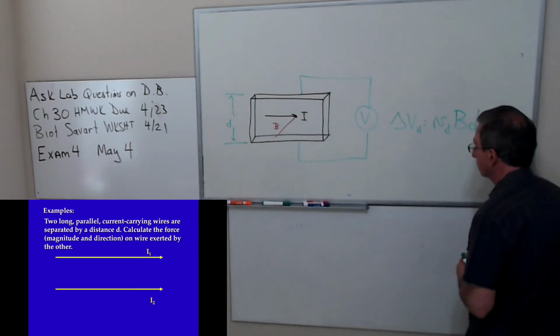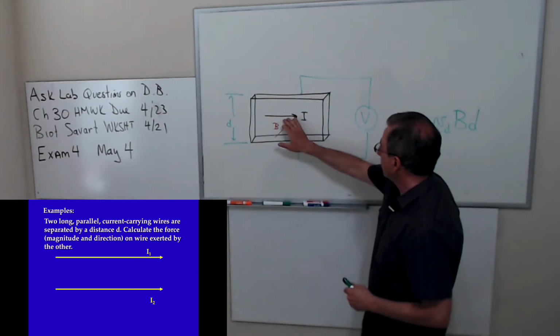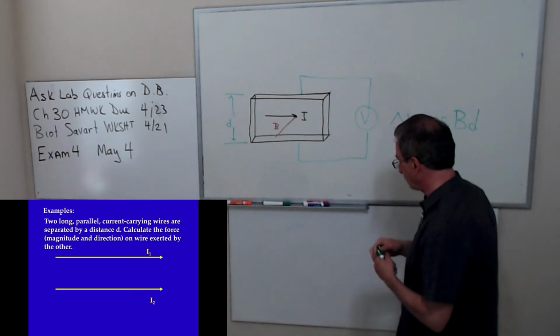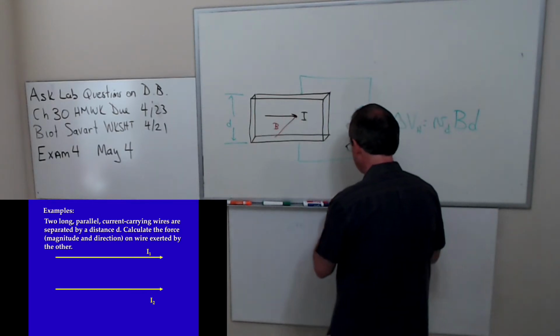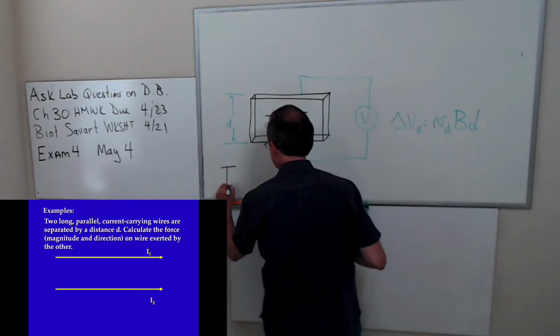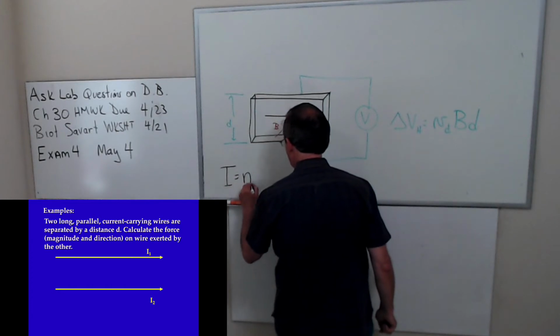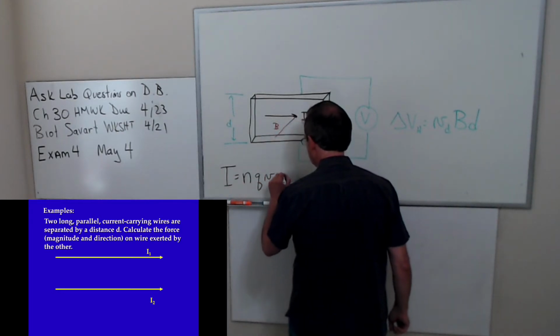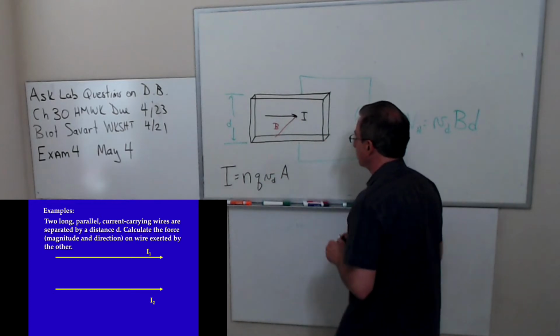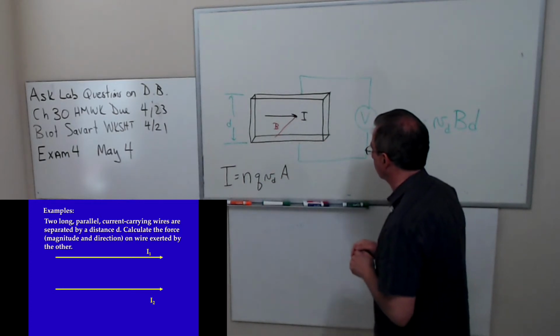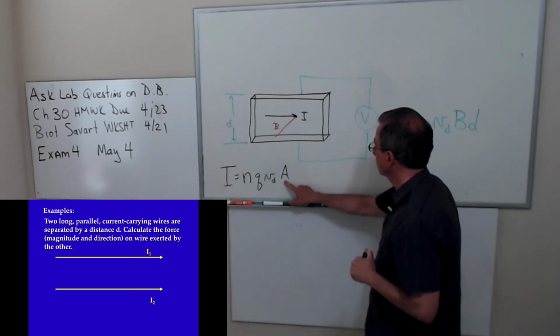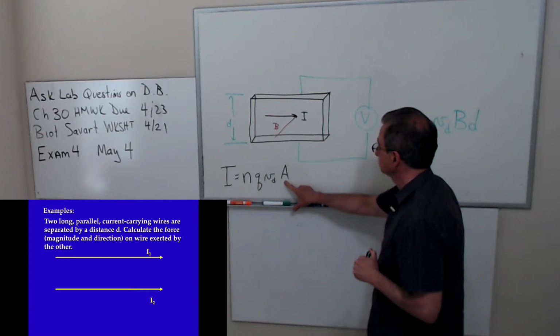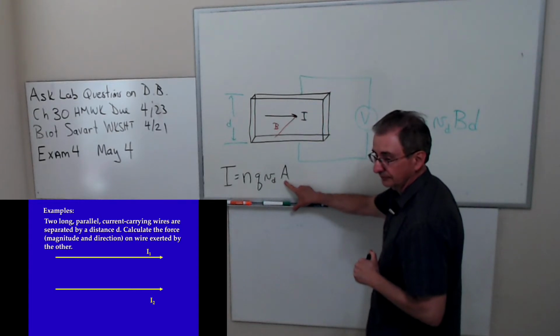However, remember the expression for the current using our model for current. Current is N times Q times the drift velocity times the area. So what area am I talking about in this particular case? D times the thickness.